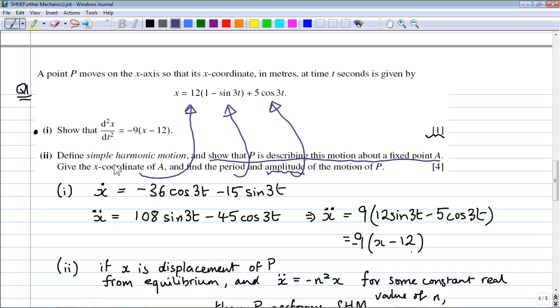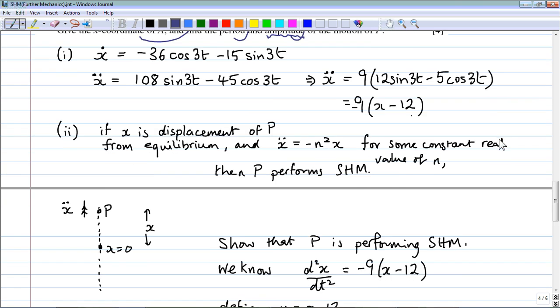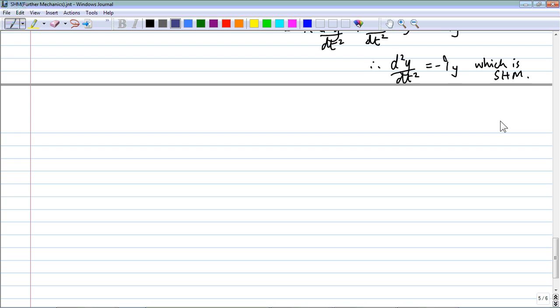So first of all, what's the x-coordinate of A? What's the center? What this really means is what's the center of this SHM? Here's A, and the x variable is like this. So P is moving up and down around a center point A. What is that center point in terms of x? Because we want the x-coordinate of A. You should see that the x-coordinate of A is 12.